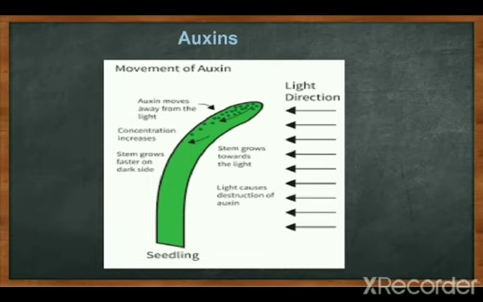Number one, it is present at the tip of the plant, meaning the root tip and shoot tip. Present at the tip, whether root or shoot, it helps in elongation of the plant, that is, shoot elongation and root elongation.